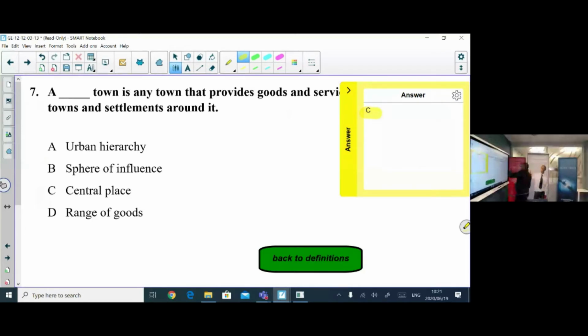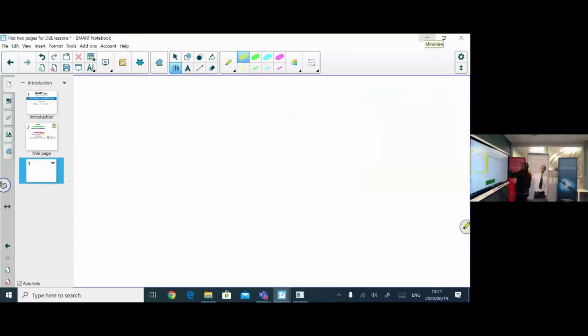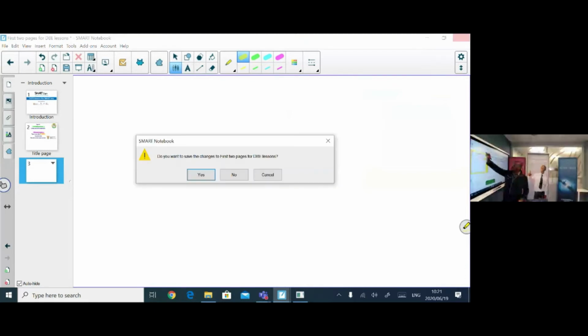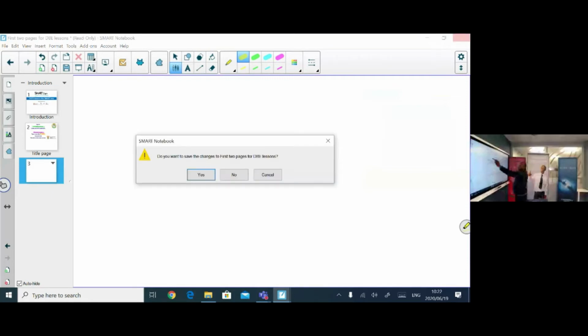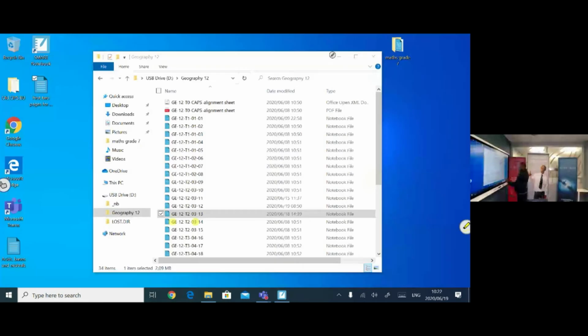Learners, we need to move to the next lesson that we were doing, which is slide number... I need to remove the ink here.